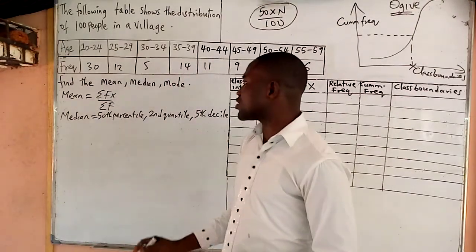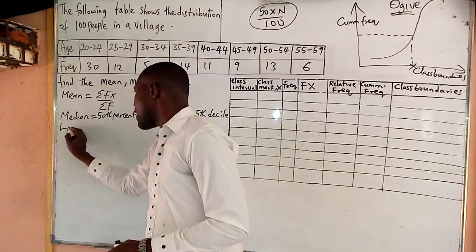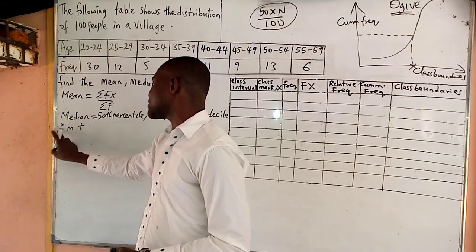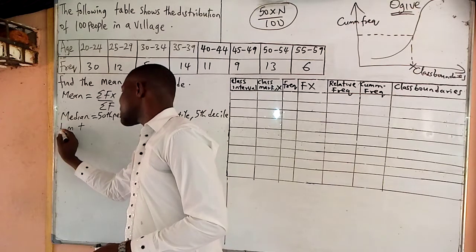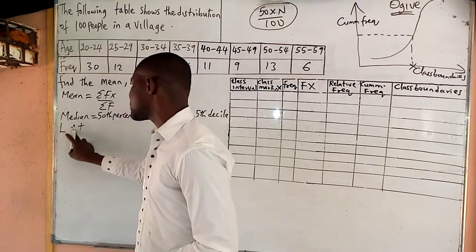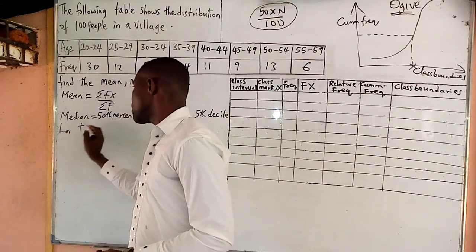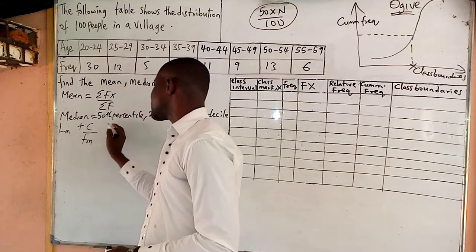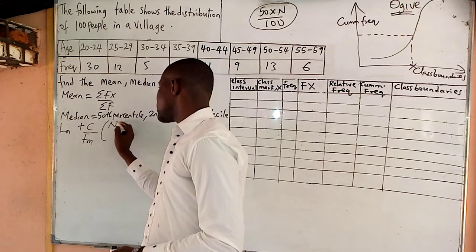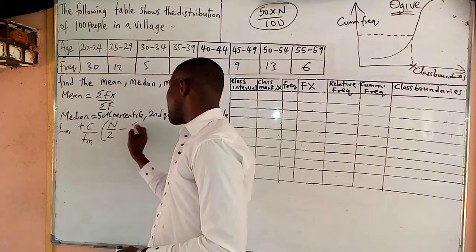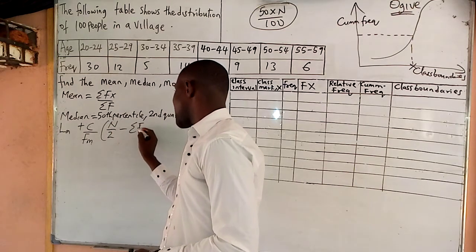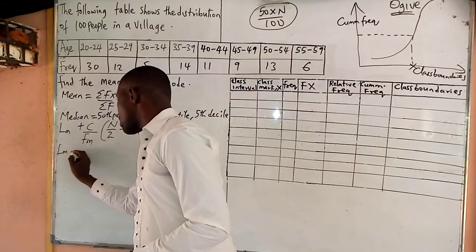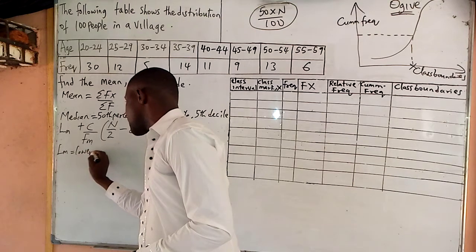Now, using the formula method, median is LM plus, where LM is the lower class boundary of the median class, plus class width all over frequency of the median class, bracket total frequency over 2 minus summation of frequency before the median class.